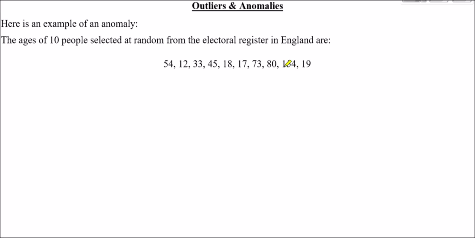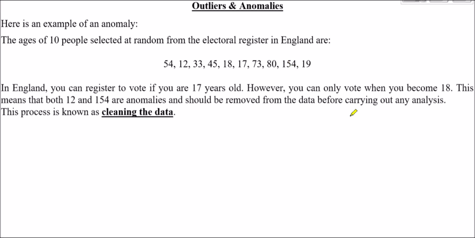So based on this, we can do a bit of analysis. So currently in England, you can register to vote if you're 17 years old. However, you can only vote when you become 18. So that means that 12 is a mistake. You can't be registered to vote at 12, and so this one is a mistake. It's an anomaly.